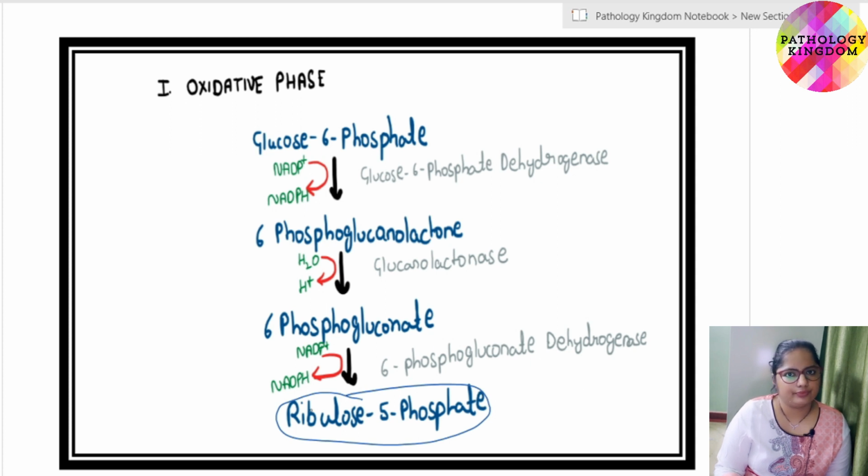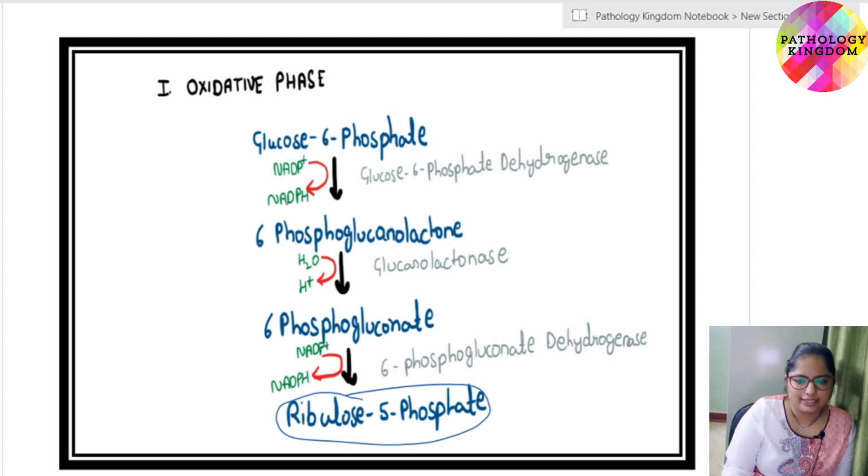This is the end product of oxidative phase. So in this, there is production of 2 NADPH, as you can see. This is the oxidative phase.